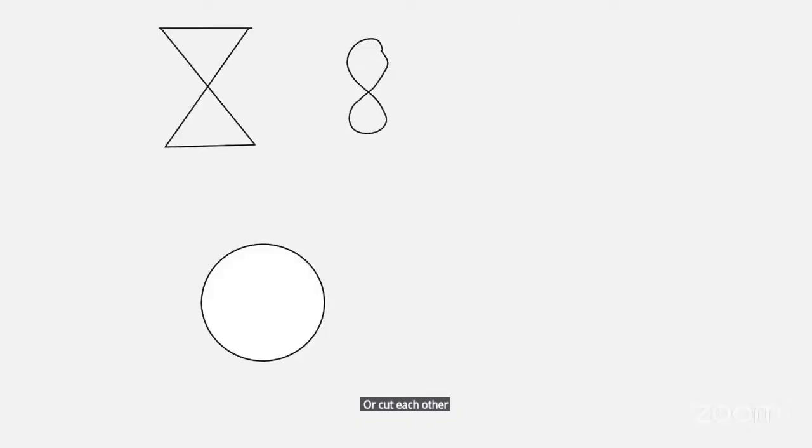So those figures which cut each other, cross each other, are not simple figures, whereas those figures which do not cross or cut each other are called simple figures.